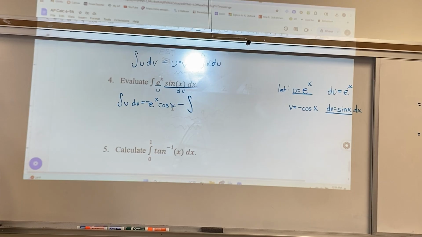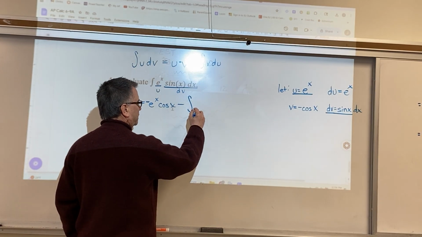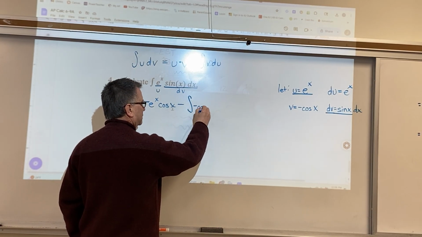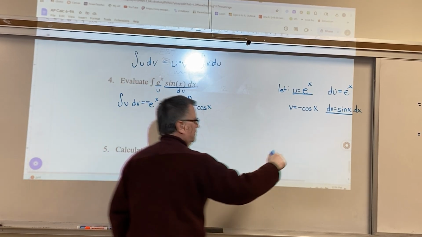That part's done, because I know what u and v are. I just have to take the integral of the opposite of this, which is going to be v du. Oh, I forgot to put dx.